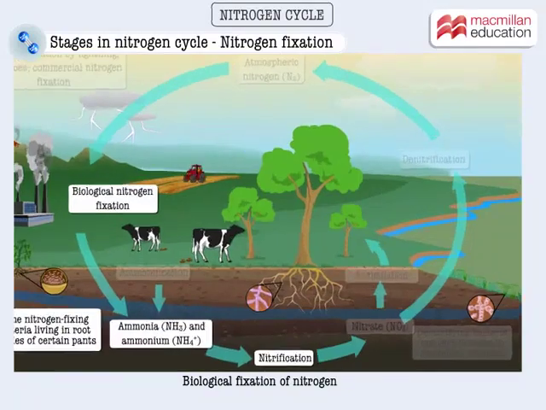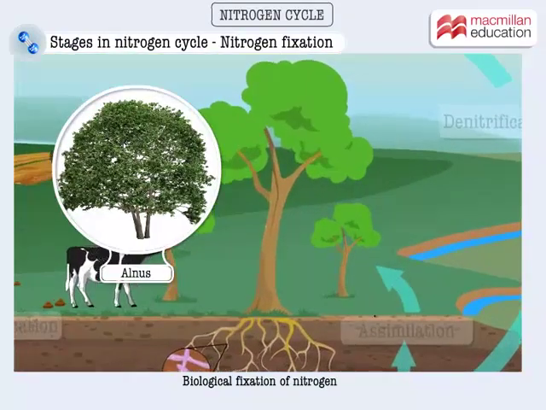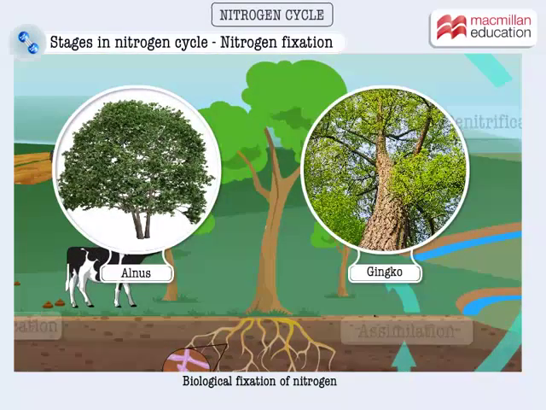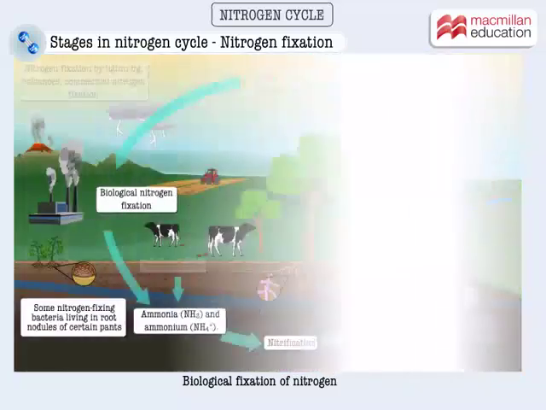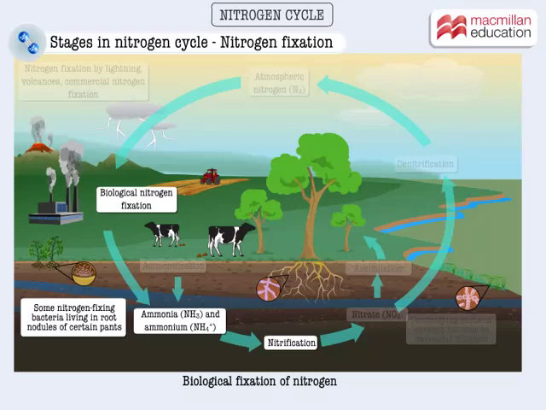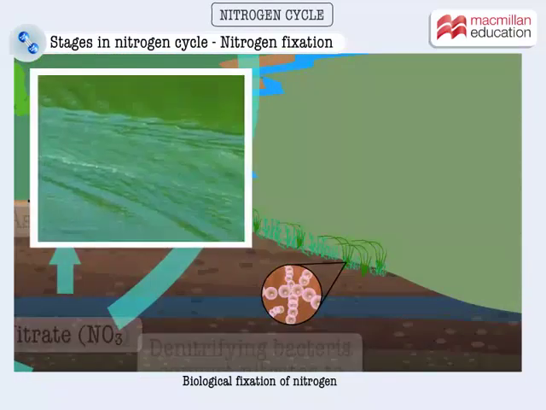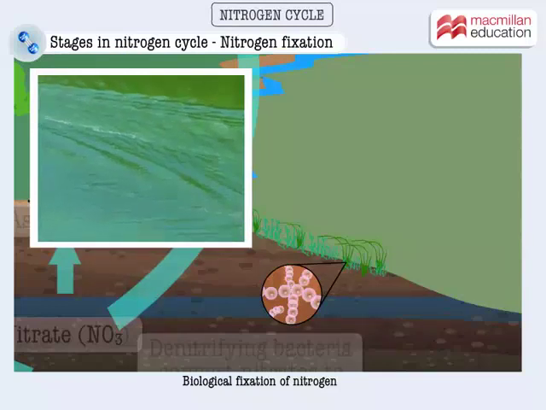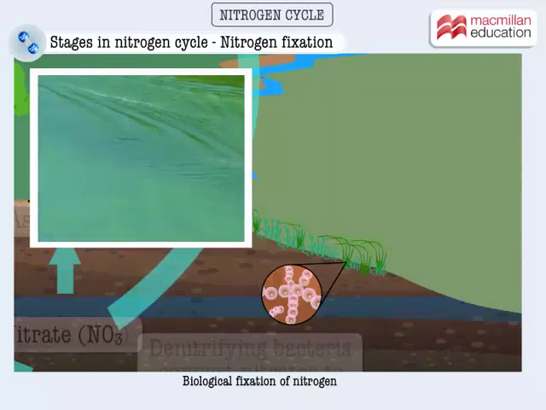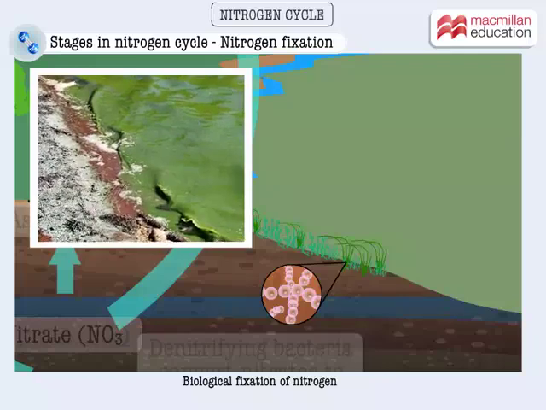Some non-leguminous plants like alnus and ginkgo also convert atmospheric nitrogen to usable nitrogen compounds for plants. Cyanobacteria, sometimes referred to as blue-green algae, are a group of photosynthetic organisms that can fix nitrogen.